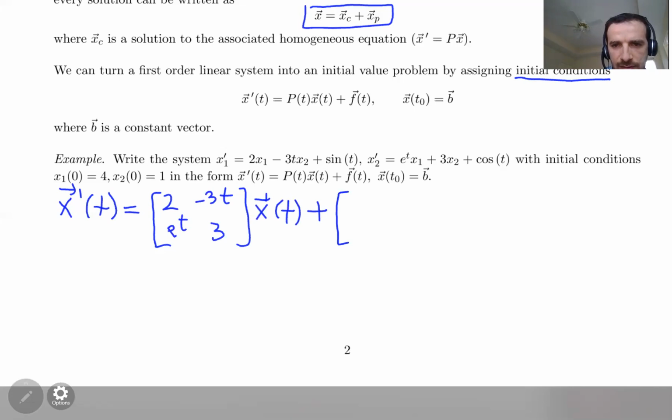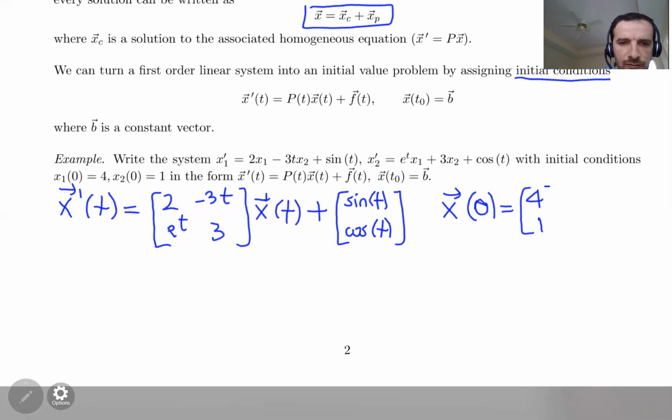Sine and cosine. Sine of t, cosine of t. And what is the initial condition? x of, what is t naught first of all? t naught is 0, right? x of 0 is equal to, again, the order matters, start with x1: 4, and 1.